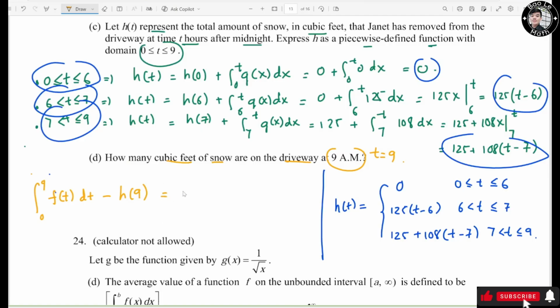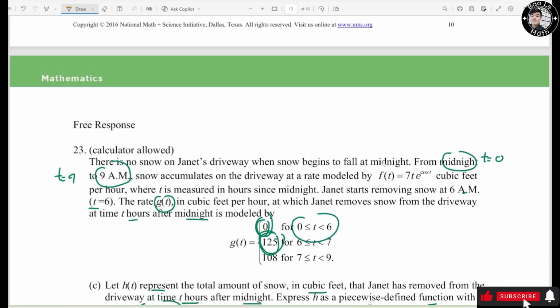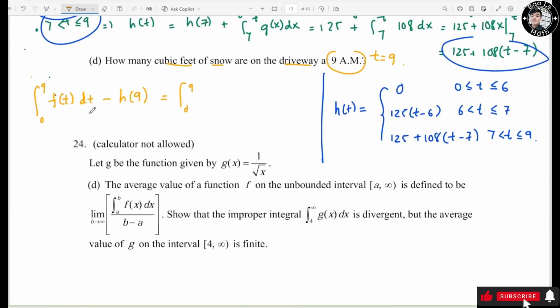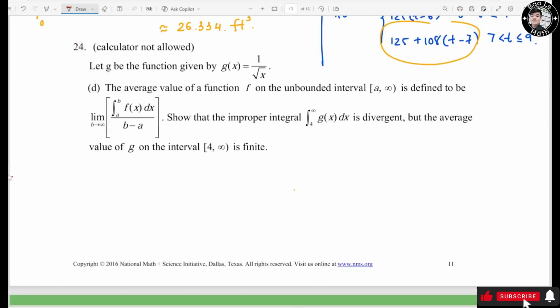So it's going to be the integral from 0 to 9 of this guy right here, 7t e to the cosine t dt, subtract h of 9, which is going to be this expression right here, right? Press Control Enter. It's going to be 26.334.